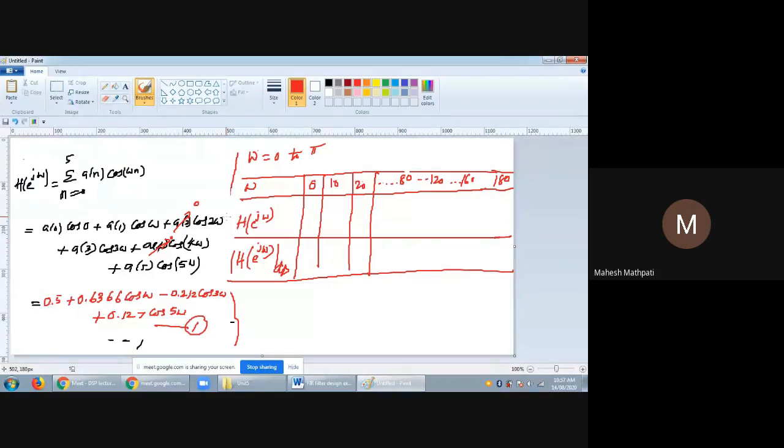And if you take its 20 log, what do you get? It is 1.05.